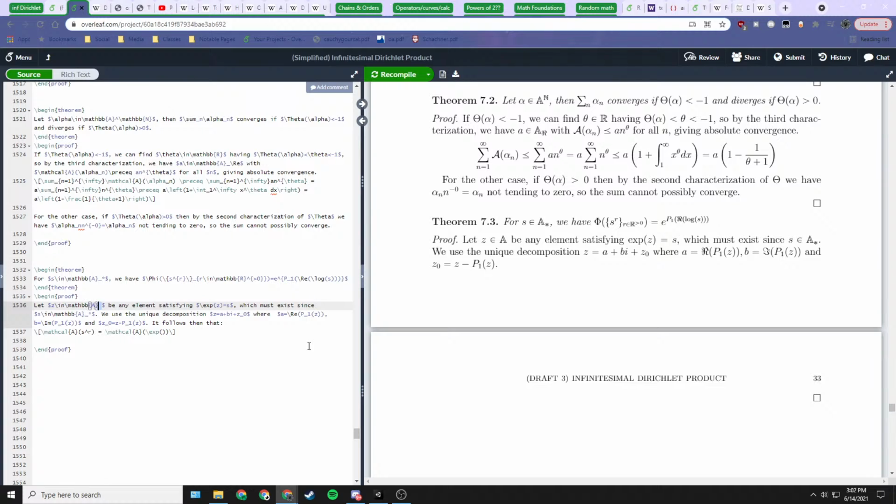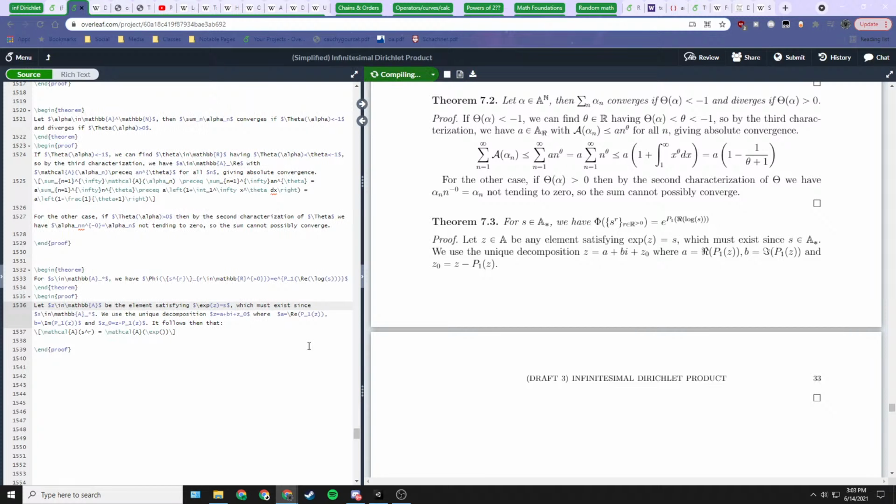Okay, let's do it this way. We'll say let Z in A be the element.